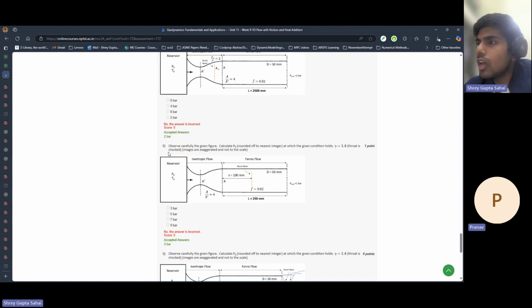At the entrance of the duct it was 2.95. Just before the normal shock, it is 2.175. After the normal shock, it's 0.55, and at the exit, it is 0.6.